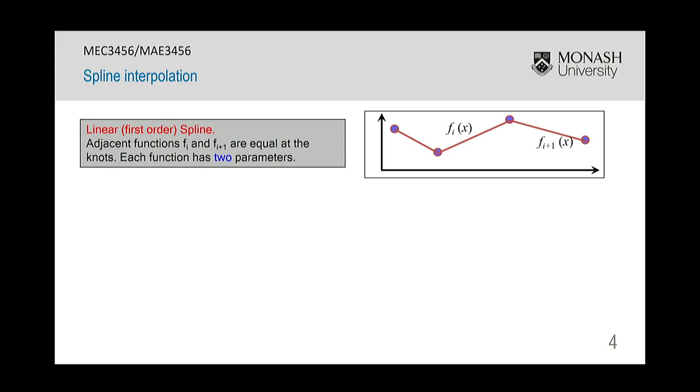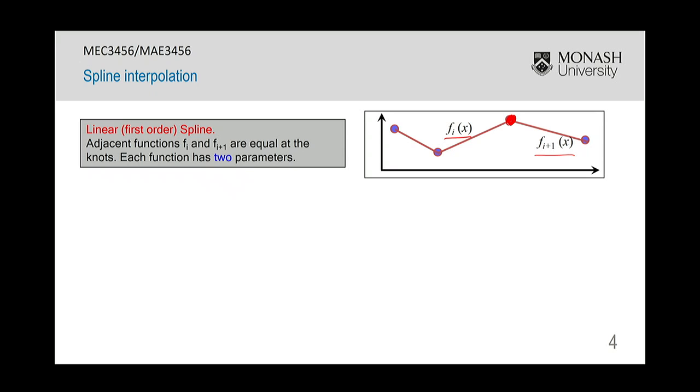So what kinds of spline interpolation can we do? Well, the most obvious one is a linear spline, a first order spline. So we just draw a straight line between each pair of points. So adjacent functions, fi of x and f(i+1) of x, are equal at that knot point that sits between them. The derivatives are not continuous.